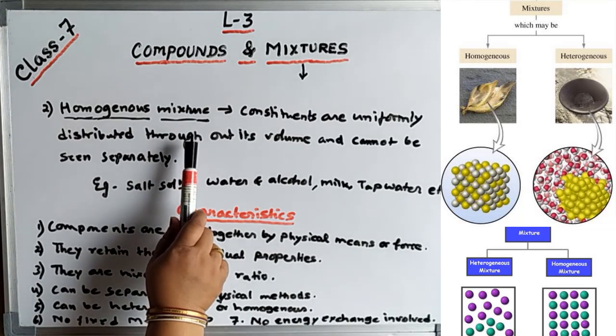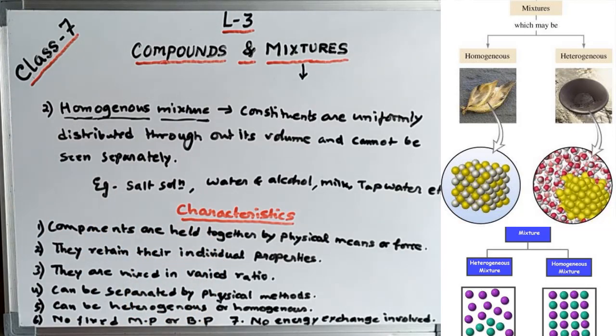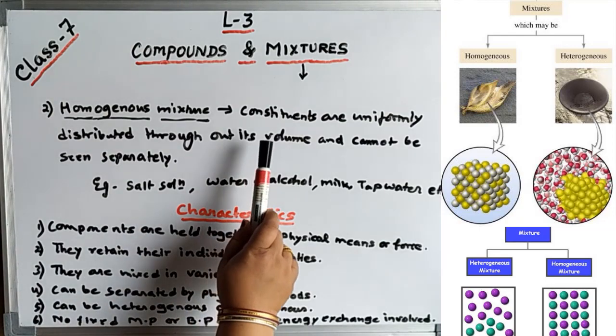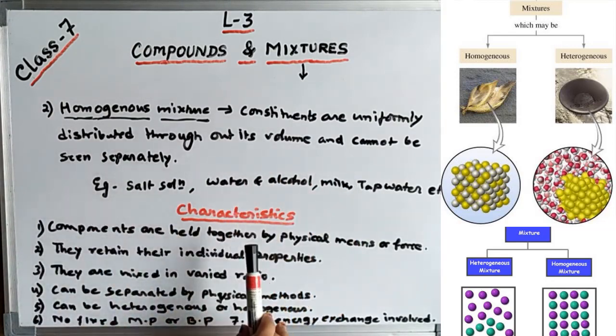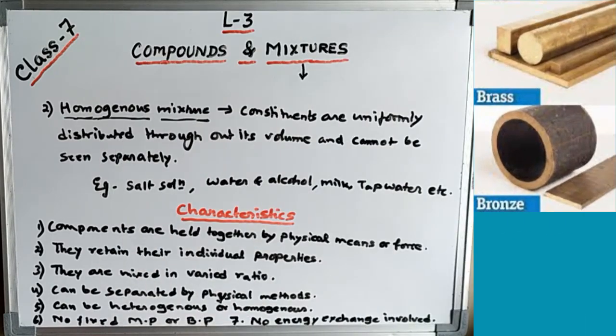Now a homogeneous mixture is just the opposite of the heterogeneous mixture. In a homogeneous mixture, the constituents or the components are uniformly distributed throughout its volume. That means if you take water and add some salt to it, after stirring, the salt will be equally distributed throughout the water. That's why you get the same taste whichever part of the water you drink.